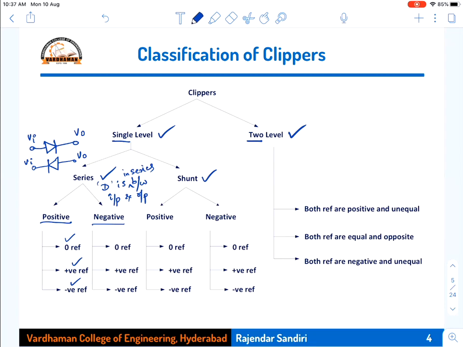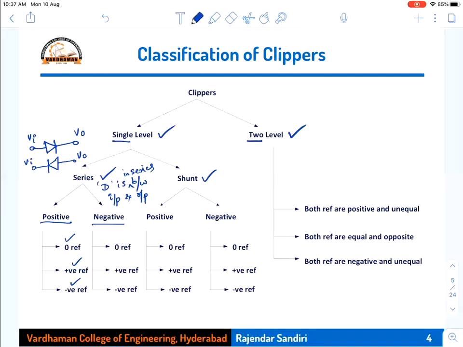If it is a positive reference, then the negative portion will be clipped off below the positive reference voltage, below plus VR. If it is a negative reference, then the negative portion of the waveform is clipped off below minus VR. So these levels, zero, positive, negative, will decide the level from where the clipping has to take place, in the negative direction as well as in the positive direction.